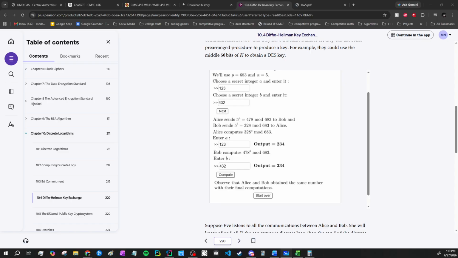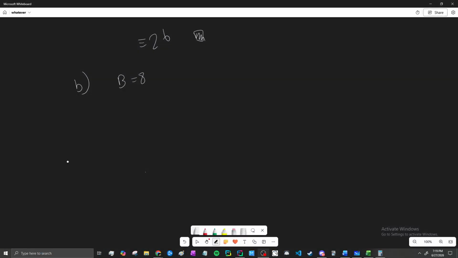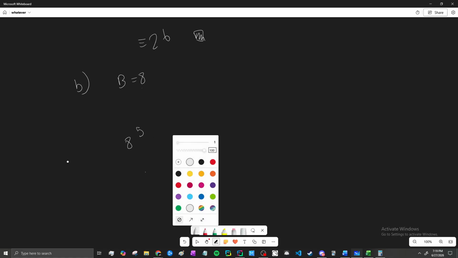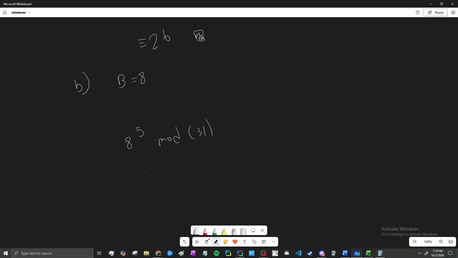So Bob sends Alice this. So Alice computes, I believe, she takes his value, 8, to the power of 5 mod... which I'm just kind of surprised by. 8 to the power of 5.